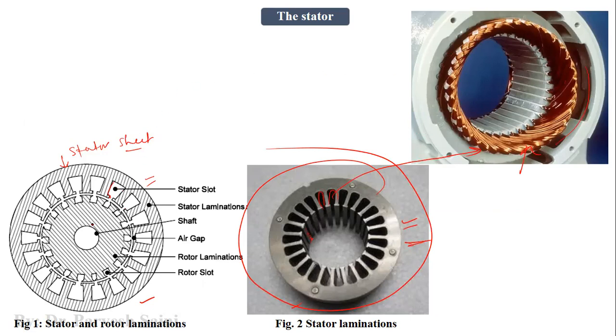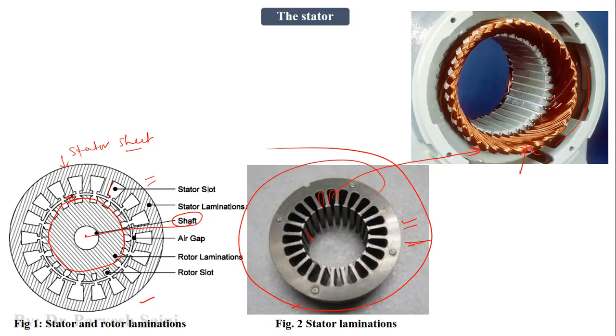So we have stator slots here, and this is the rotor lamination sheet. Rotor is again made up of laminated sheets, right? In some cases we have a different type of rotors. We will discuss rotors in the next slides. And this slot is provided for the shaft, and you can see here the air gap.